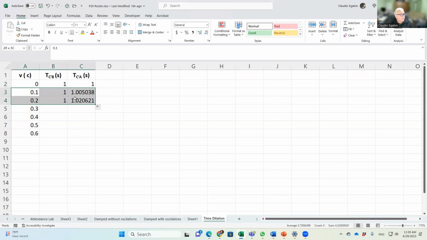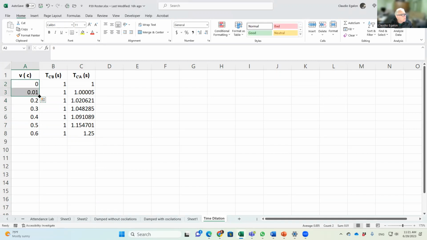Let's keep on calculating it, right? As we increase the speed, half the speed of light is too much. We're going too fast here. We already have a 15% difference, right? But let's cut down to 0.01.